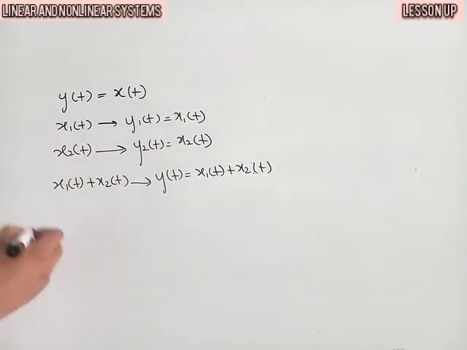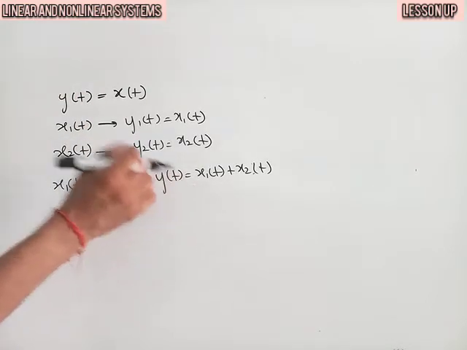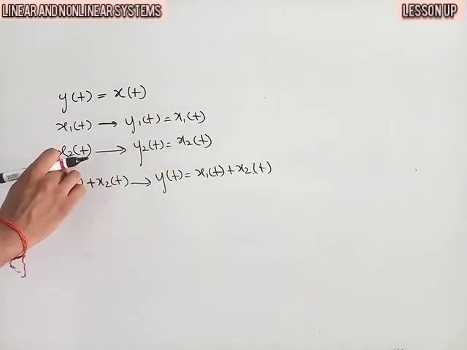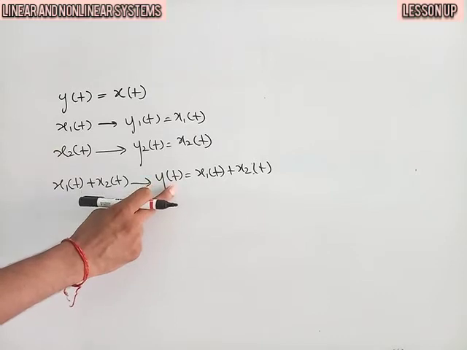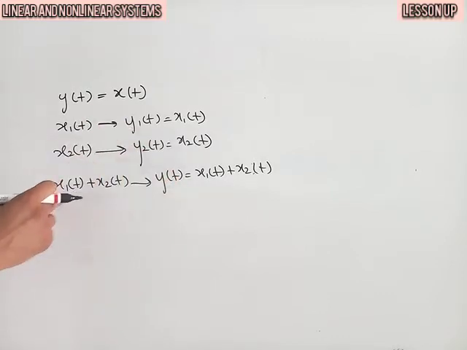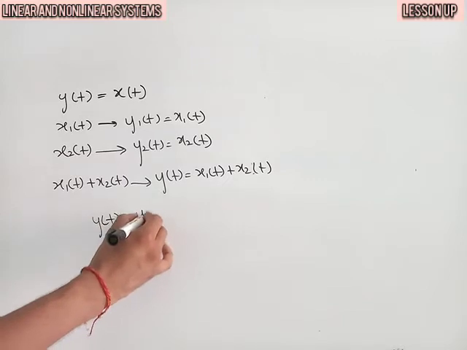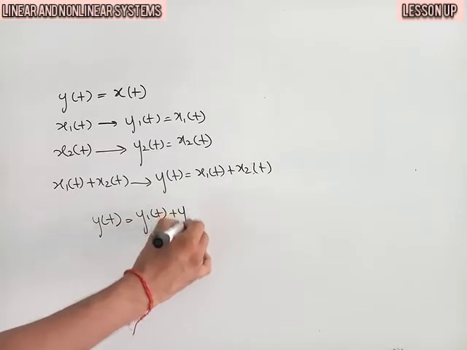Now, according to superposition theorem, if the summation of the individual outputs is equal to the output when both the inputs are applied, then it is called linear. That is, y of t should be equal to y1 of t plus y2 of t.